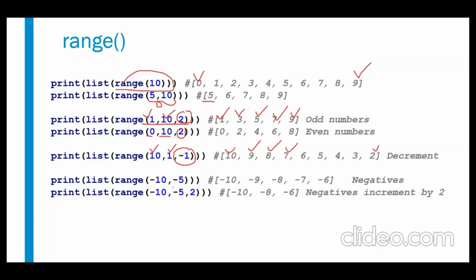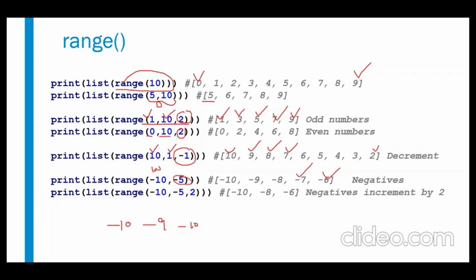Similarly, we can also pass negative numbers in the range function. See the example minus 10, minus 5. The starting value is minus 10, which is lower, and minus 5 is greater. So how many values will it print? Minus 10, minus 9, minus 8, minus 7 and minus 6.